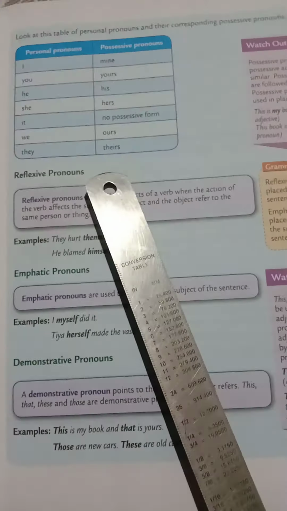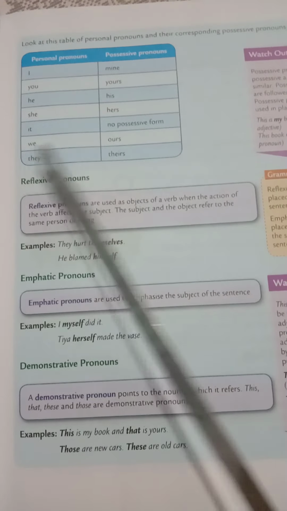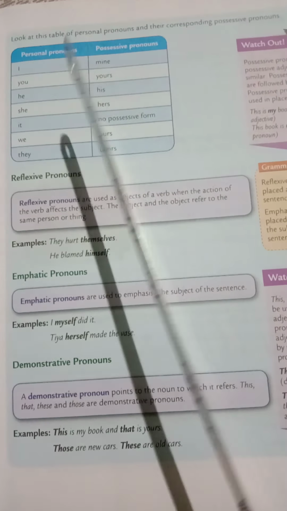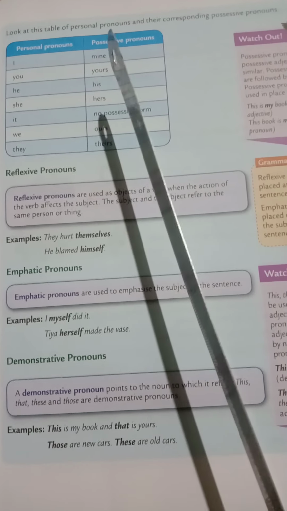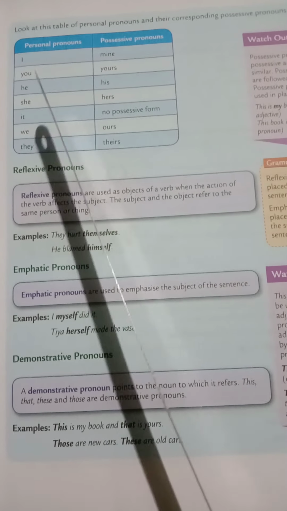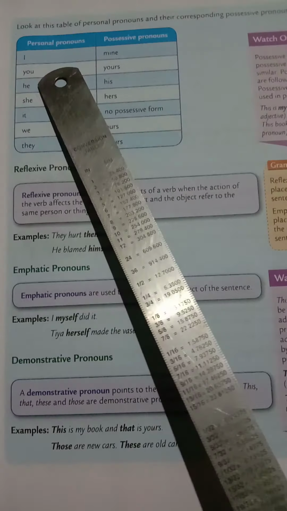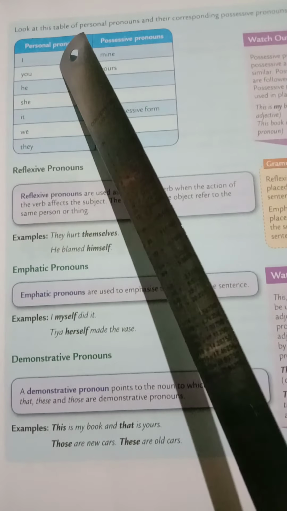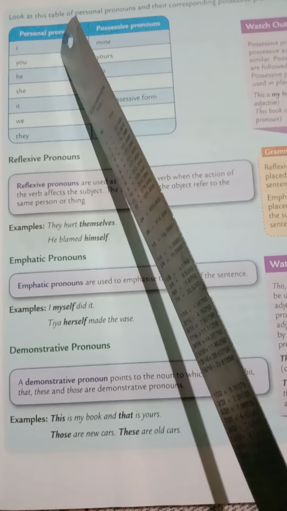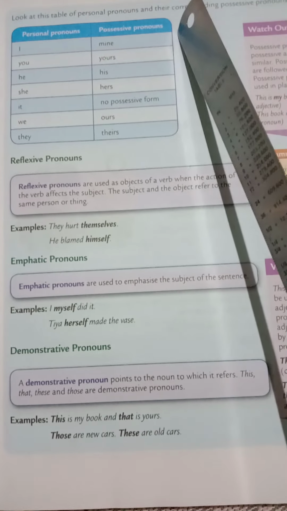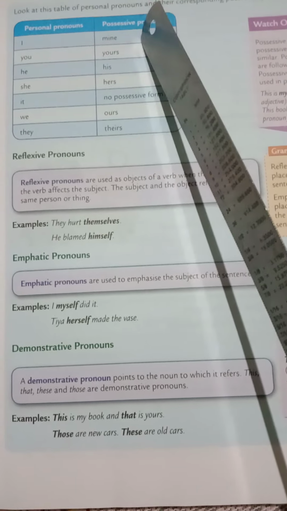Okay. So have a look at the next page. In the next page, there is a table given. In the table, two boxes are there. In the first box, personal pronoun. In the second box, possessive pronoun. So when we change a personal pronoun to possessive, what will it be?